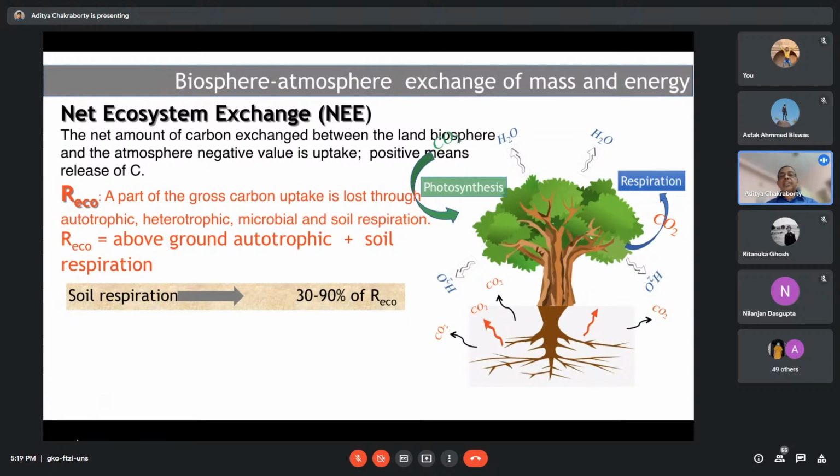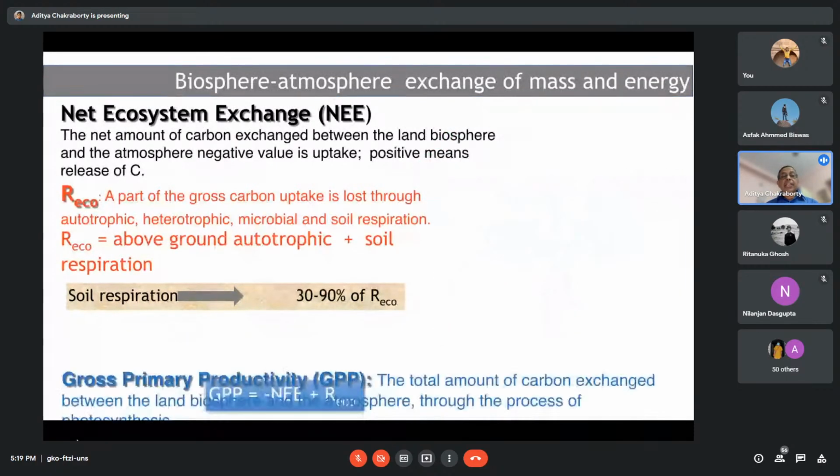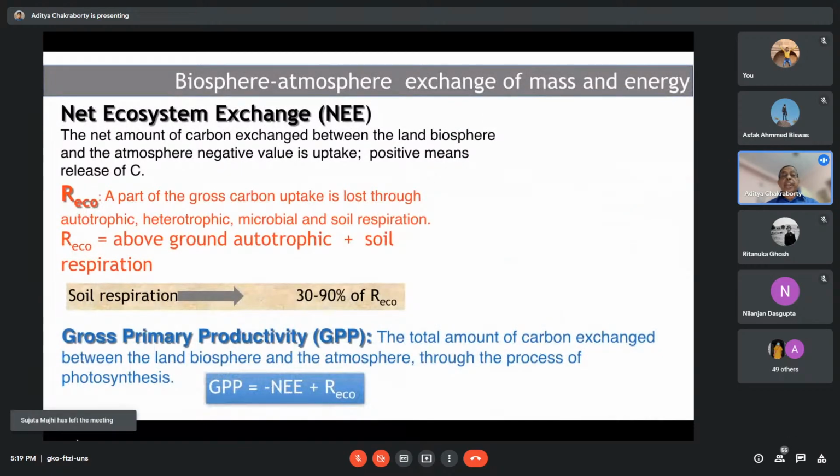Above ground is mainly by the trees, and soil respiration is mainly by the bacterial process. Sometimes soil respiration contributes up to 90%. What is shown here is the total range, about 30 to 90%. So it is one of the determining factors whether an ecosystem is acting as a source or sink.